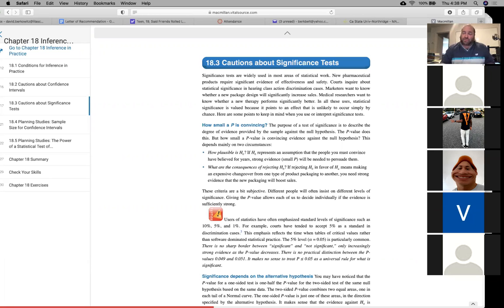Okay. Anyways, so in that case, when the beliefs that people have are really tough to uproot, you're going to need a very small cutoff, and 5% might not cut it. You might need a 1% cutoff. In physics, for example, when they look for elementary particles in particle accelerator experiments, you can't actually see a proton or an electron, I mean, you can now to some extent, but you can't see these particles.